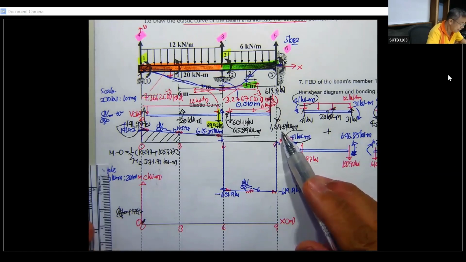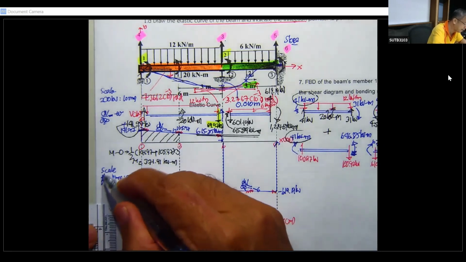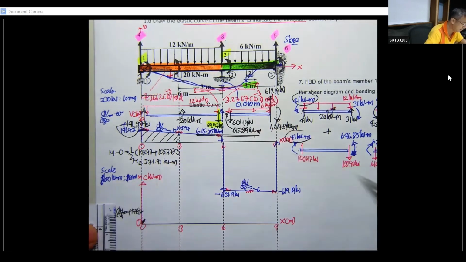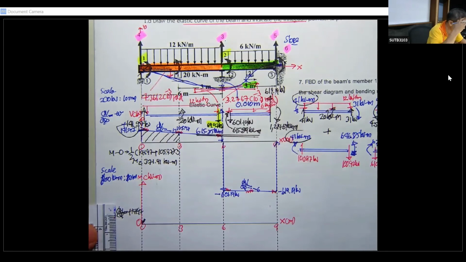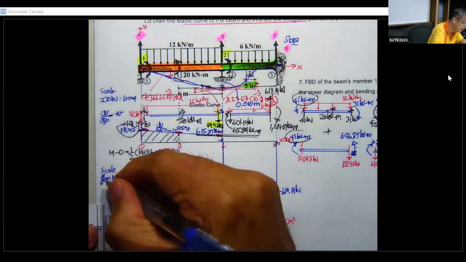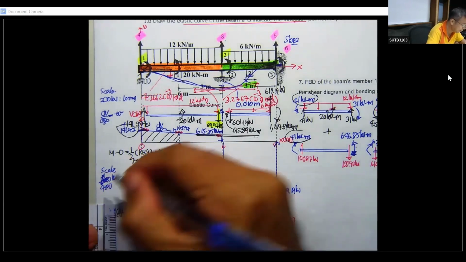And following this one is 100 per 10. That is still large. Let me put it like 400 per 10 millimeter.